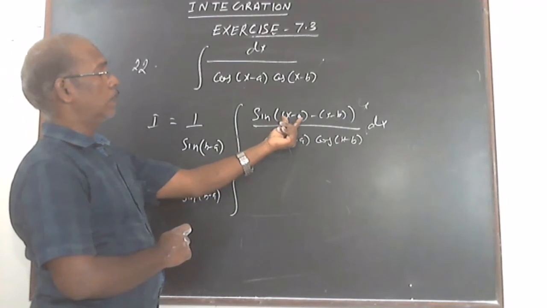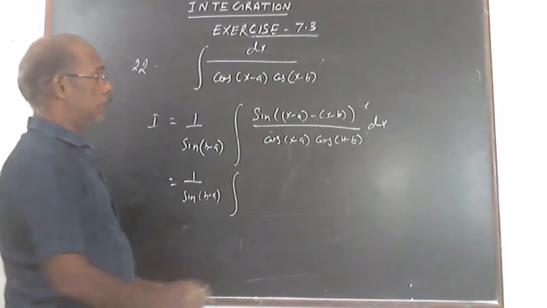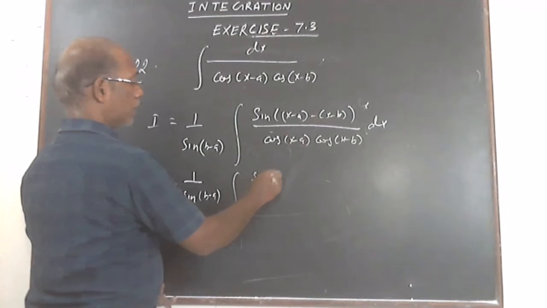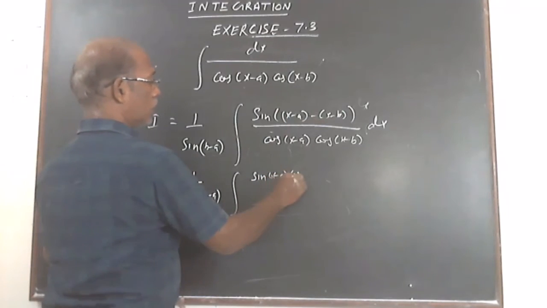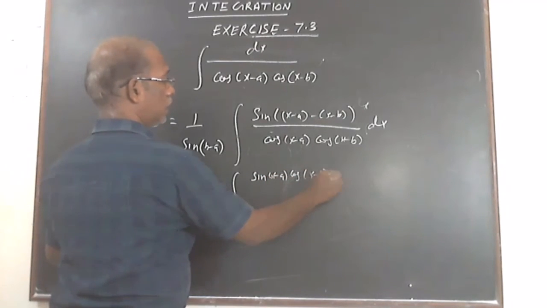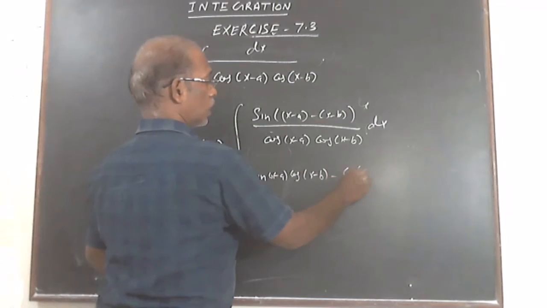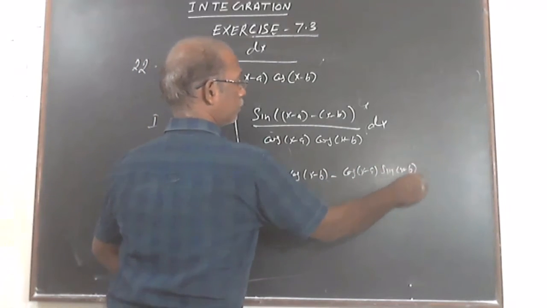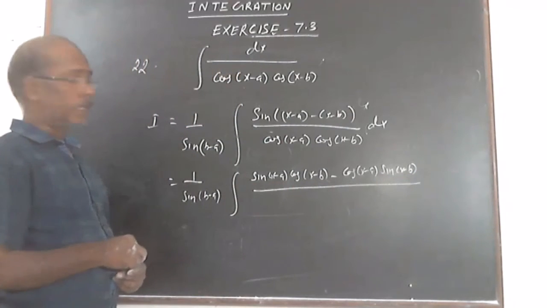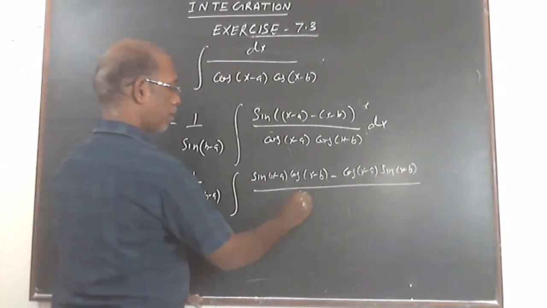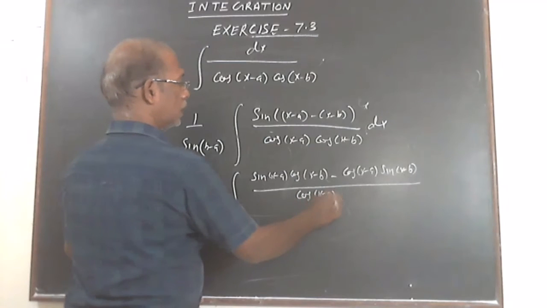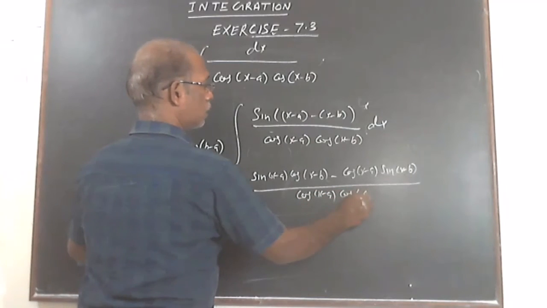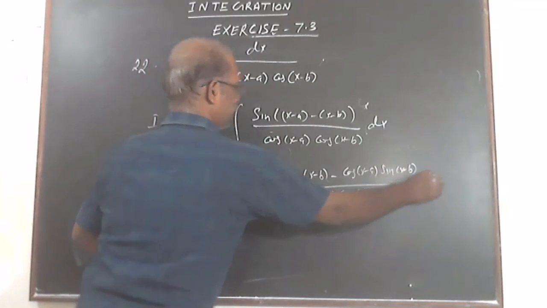Theta 1 is x minus a, theta 2 is x minus b: sin of x minus a into cos of x minus b minus cos of x minus a into sin of x minus b, over the denominator cos of x minus a into cos of x minus b dx.